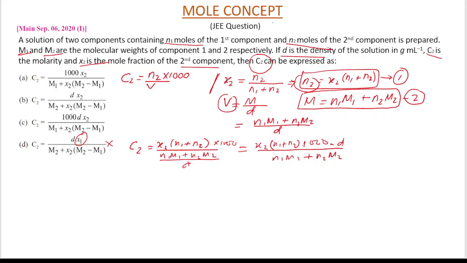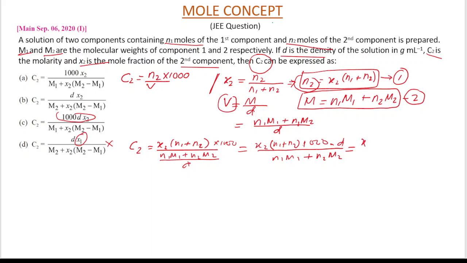So still we are far away from the answer. So this somehow matched, but this n1 n2 is not there. So let's divide both numerator and denominator by (n1 plus n2), because if we divide then only mole fraction will come here.